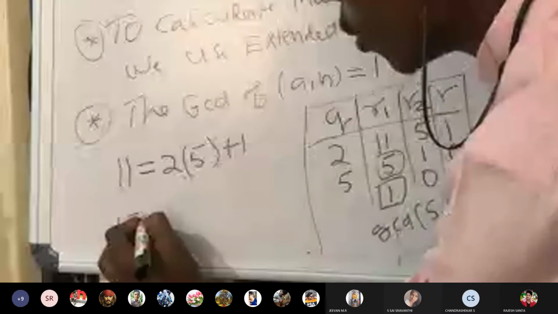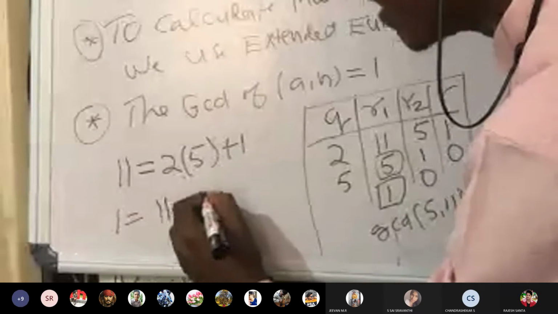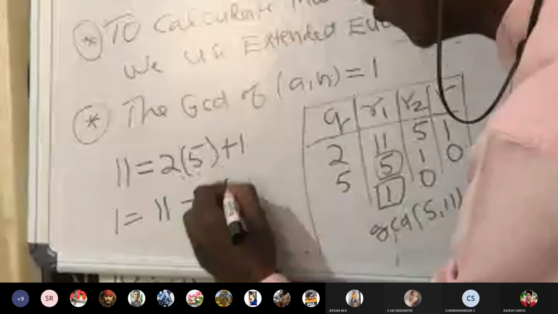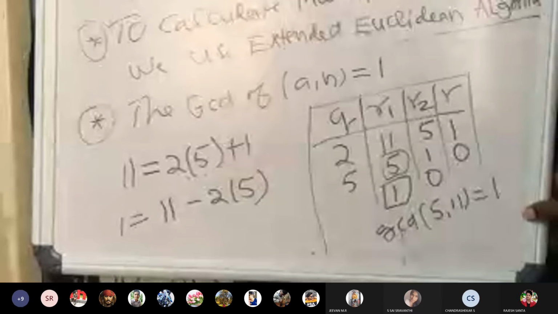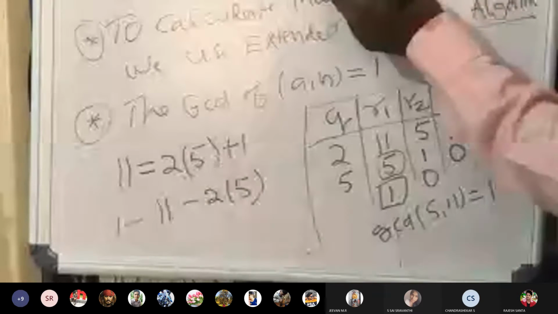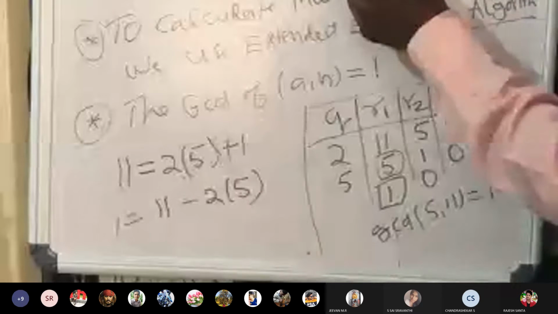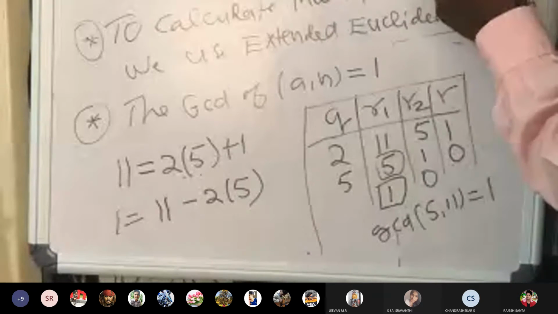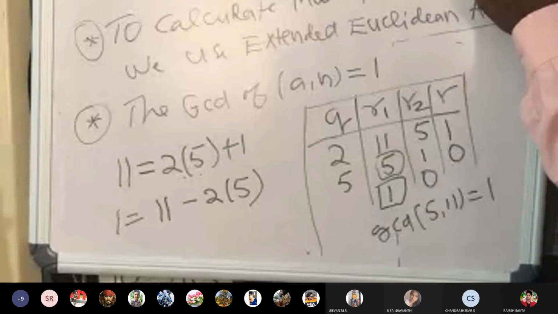1 is equal to 11 minus 2 into 5. Remember, we want to find a number which we can multiply by 5, mod 11, and the residue is equal to 1.